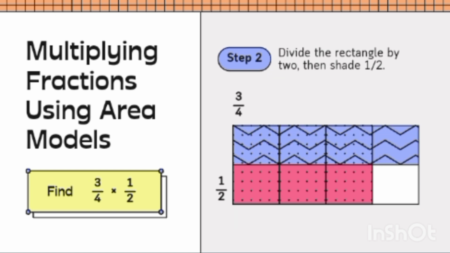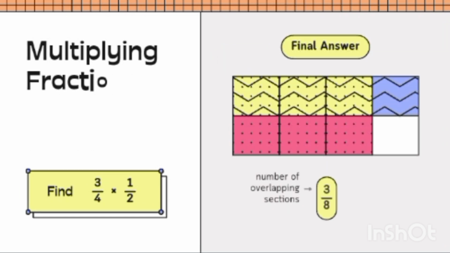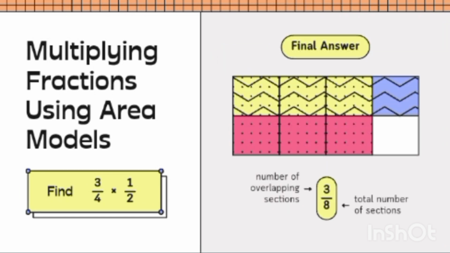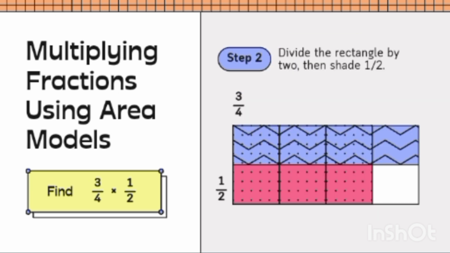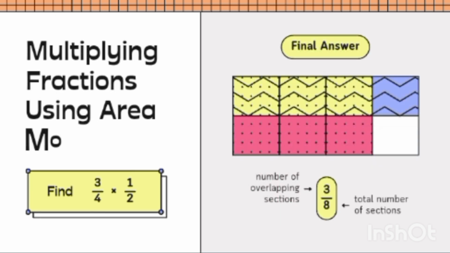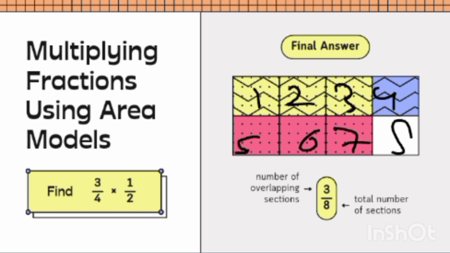Now how are we going to find our answer? As you can see, we have 1, 2, 3, 4, 5, 6, 7, 8. We have 8 boxes, so our denominator is 8.